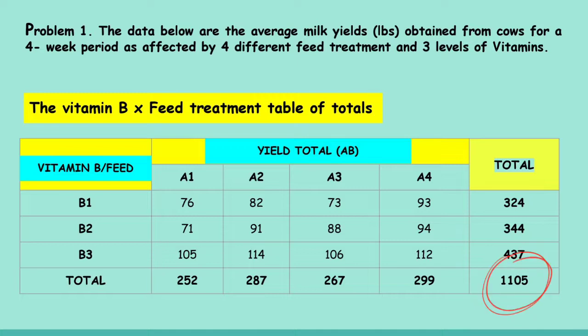So 76 plus 71 plus 105 plus 82 plus 91 plus 114 plus 73 plus 88 plus 106 plus 93 plus 94 plus 112 is equal to 1,105. Okay, so just remember how to solve the grand total, the total, and subtotal.